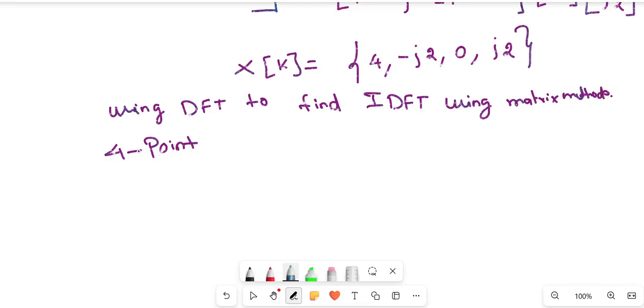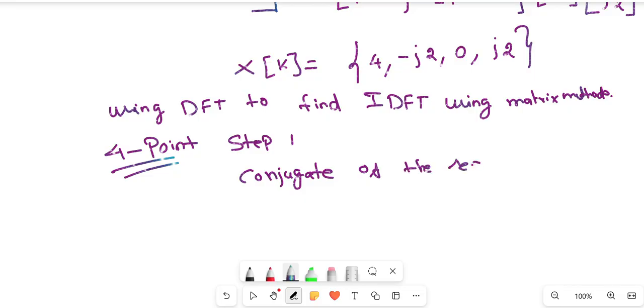Step 1: take the conjugate of the sequence to get the complex conjugate terms for the given sequence.